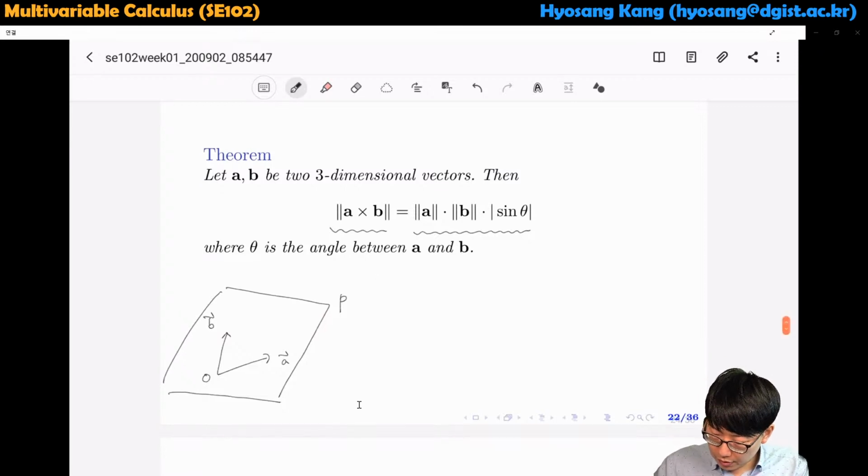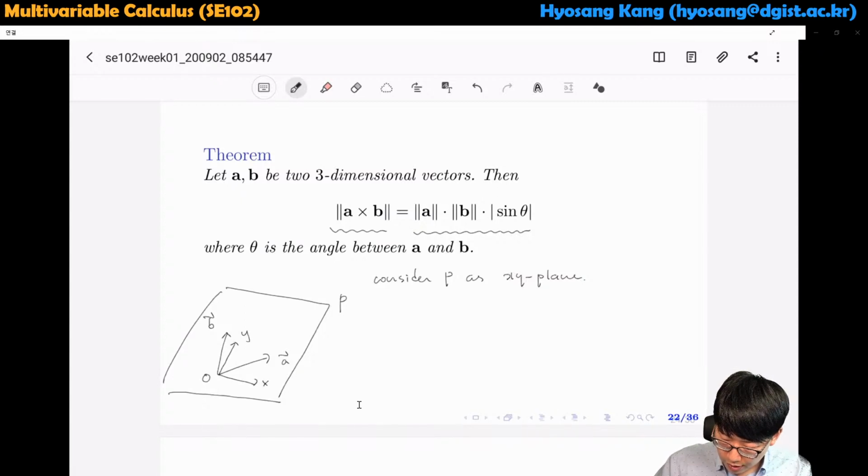So consider P as the XY plane here. Somewhere here we have the X axis, and here we have the Y axis, and let's say here we have the Z axis.